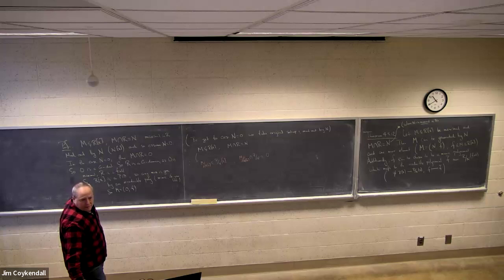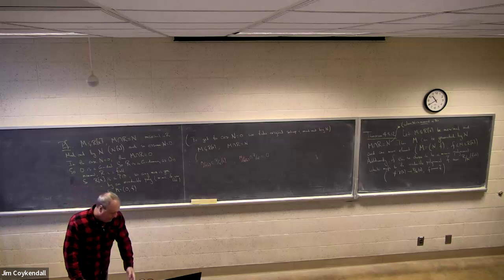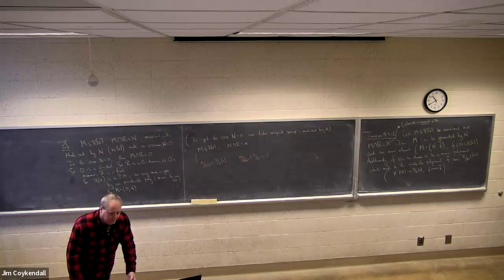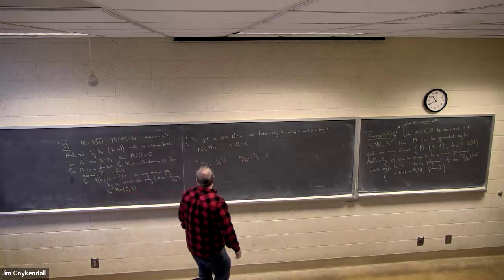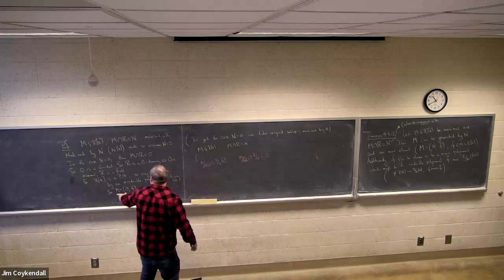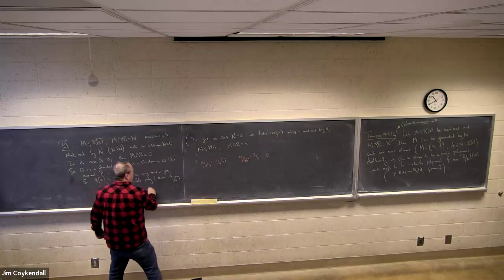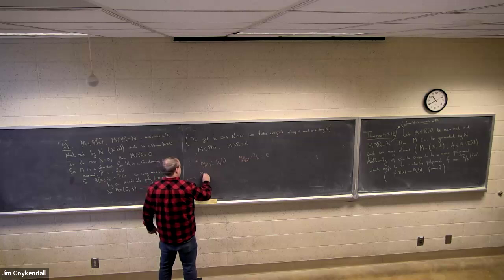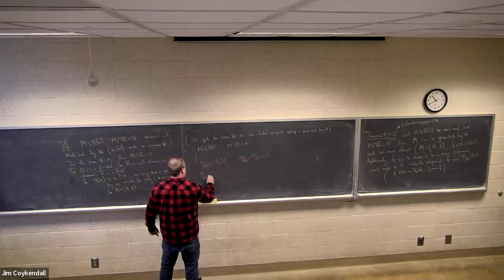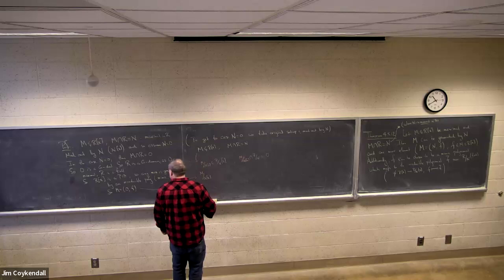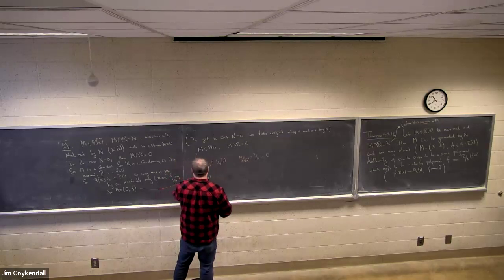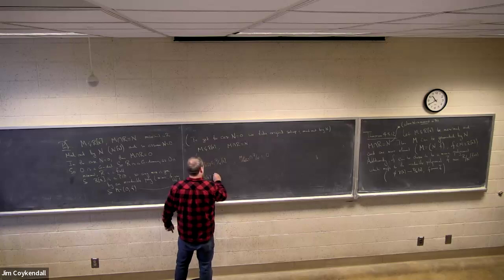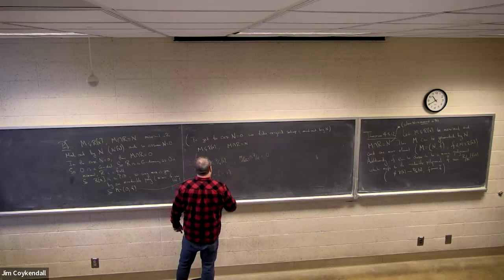Now, how do we bootstrap it back to the original one? Now that we've done the 0 case, all we have to do is, if you like, this thing right here is generated by 0f.